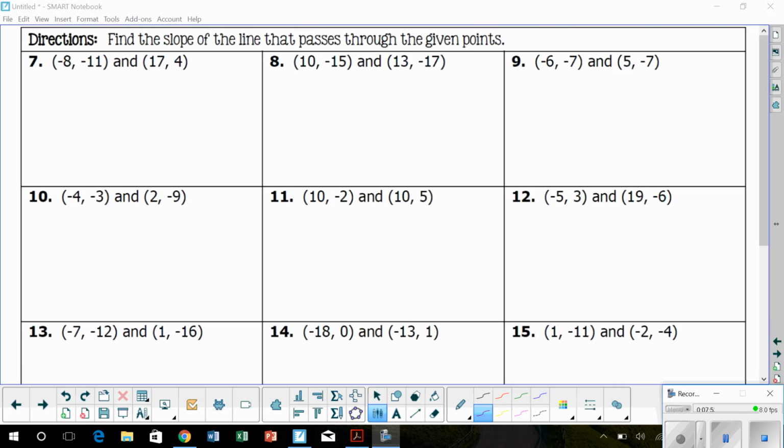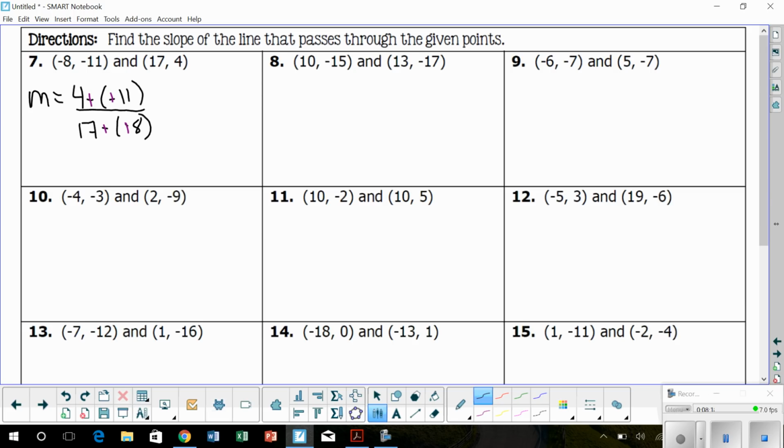So if we keep going, these are exactly the same. I'm going to do one. So we get 4 minus a -11 over 17 minus a -8. Those become positive.